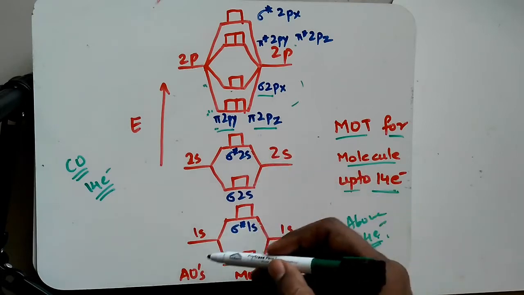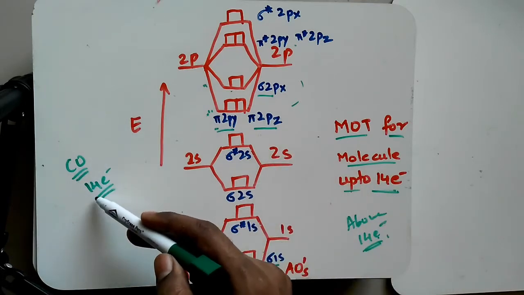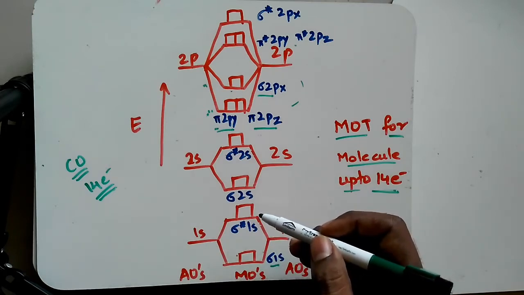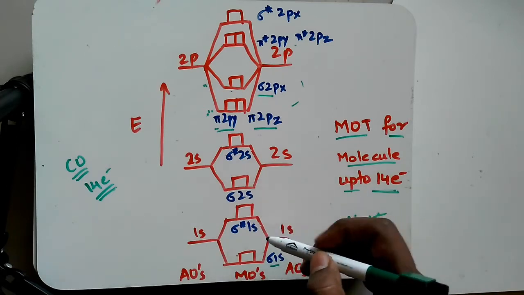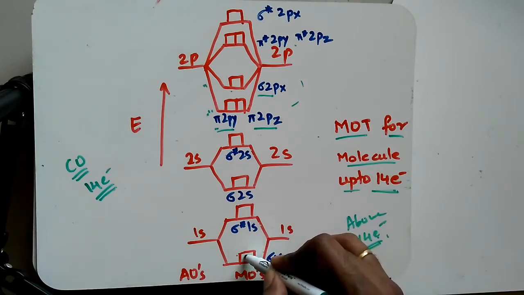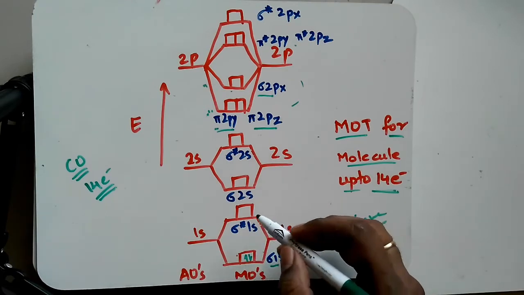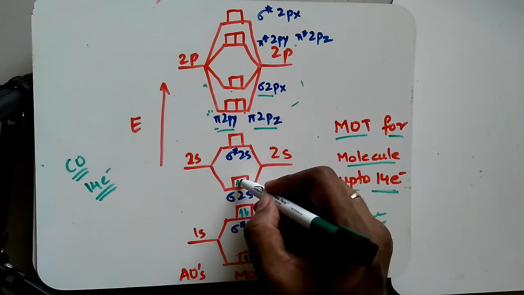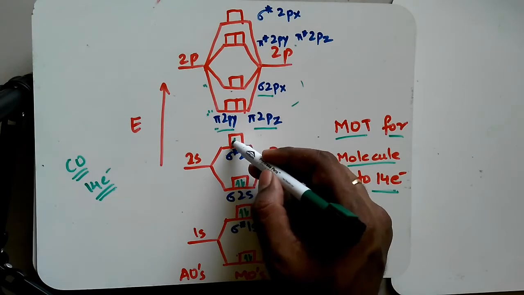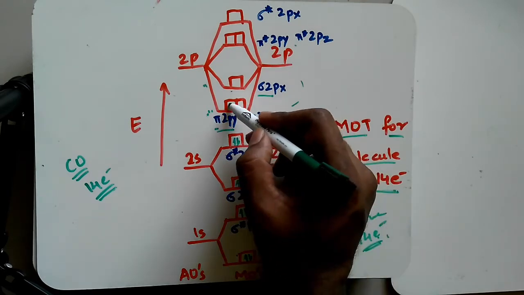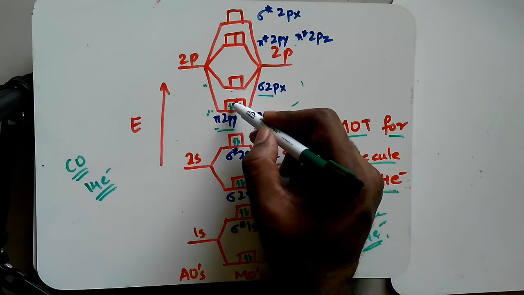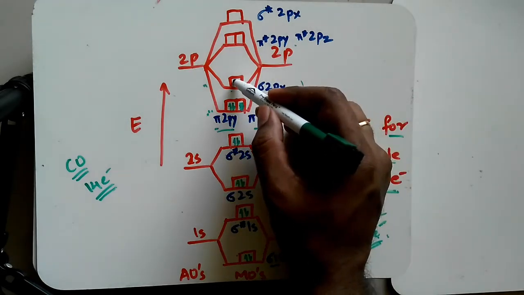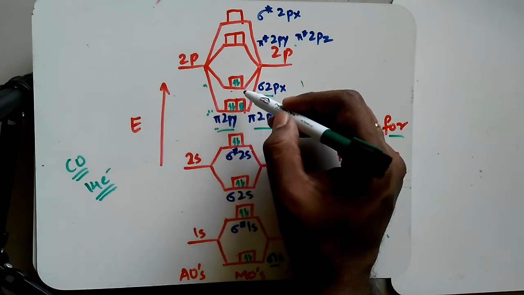Now let's start filling for carbon monoxide, which has 14 electrons. We have to use Pauli's exclusion principle, Hund's rule of multiplicity, etc. So here the 1st electron, 2nd, 3rd, 4th, 5th, 6th, 7th, 8th, 9th, 10th, 11th, 12th, 13th, 14th.